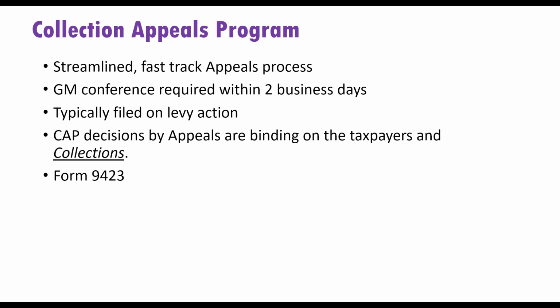This is where you're going to do most of your levy release action. If a taxpayer gets levied, you file a 9423 so that you get your group manager conference, and then your appeals conference all has to happen within 5 days, and appeals decisions are binding on collections. So if appeals says to release the levy or the lien, then you get it released.